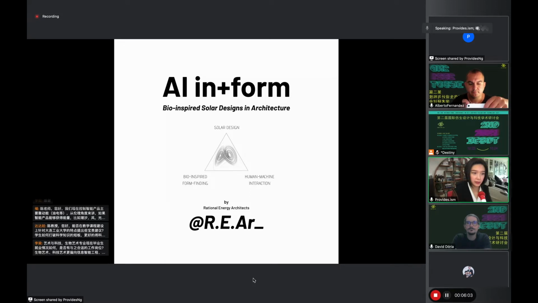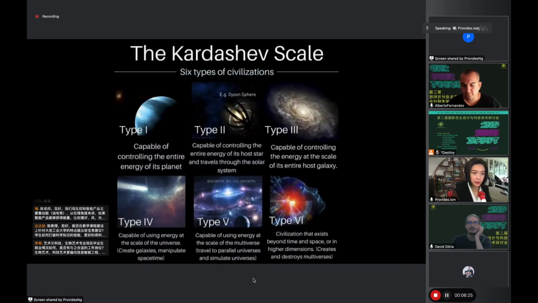Yeah, exactly. So Kardashev came up with a scale which measures the level of civilization based on energy.